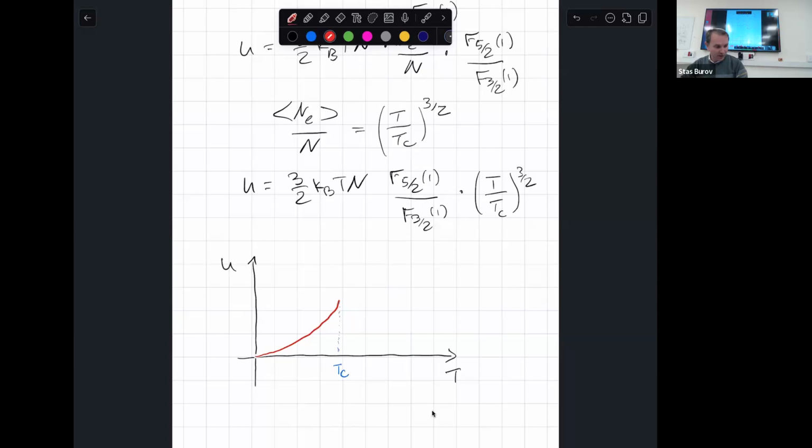And then eventually it converges to a straight line. This straight line is 3/2 k_B T N. And I have a peculiar point over there.